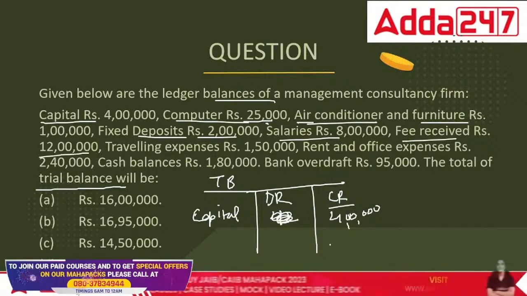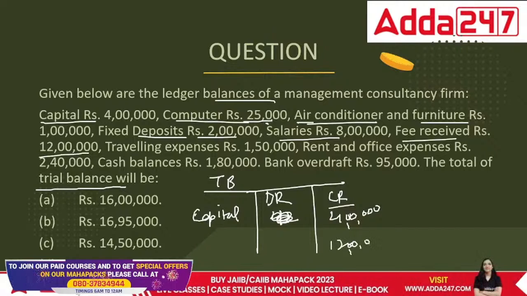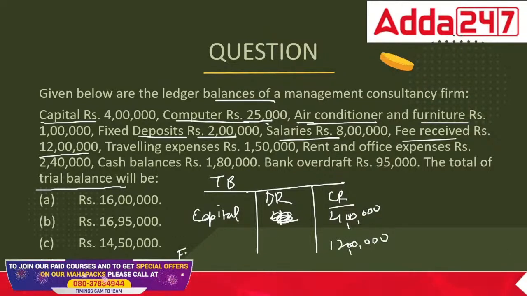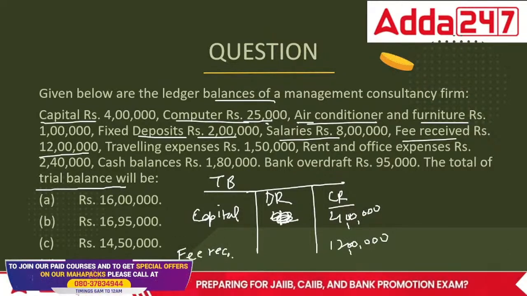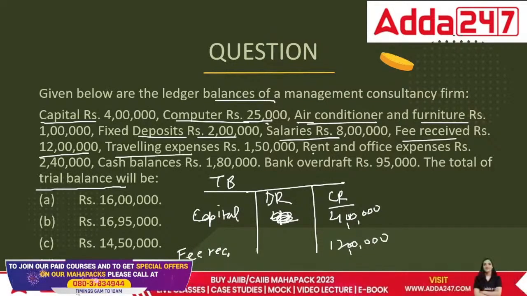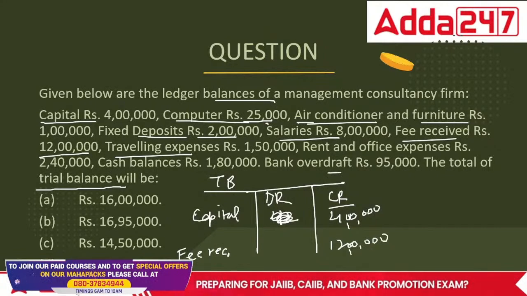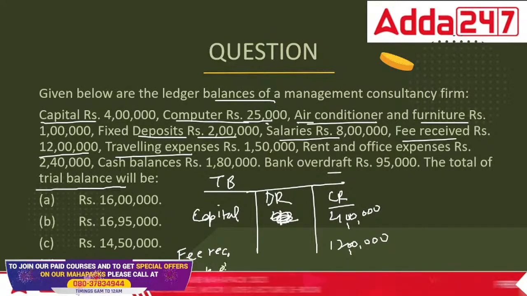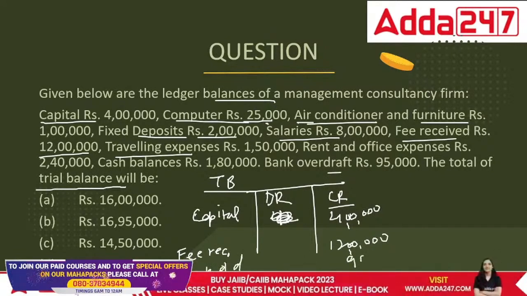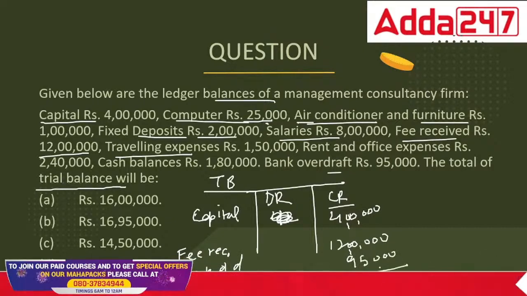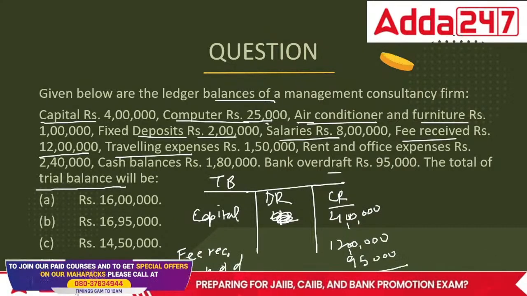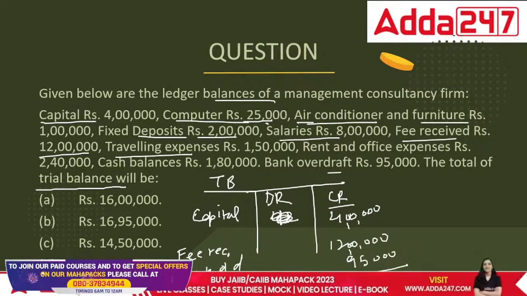I can note it down, because it's an income, so it should be credited. Traveling expenses, 1,50,000, rent, 2,40,000, cash balance, all these are debit side things. And we have a bank OD as well. That means I have a loan from the bank of 95,000. So overall, 16,95,000 comes out to be my total on the credit side.